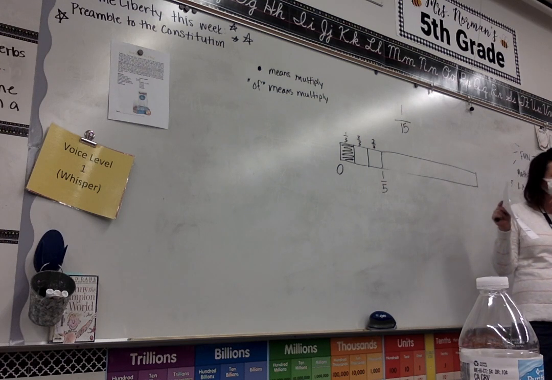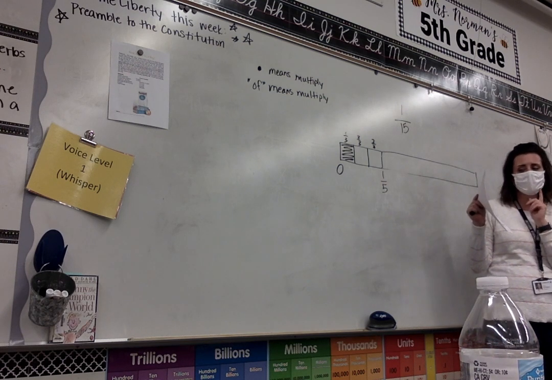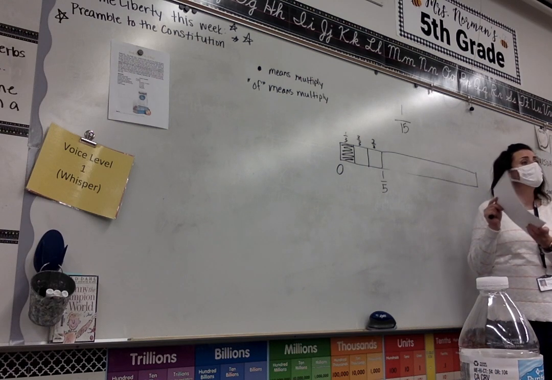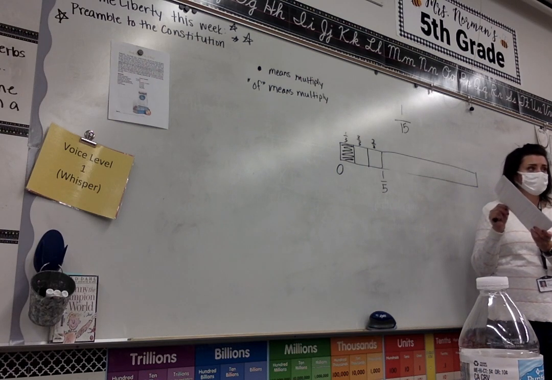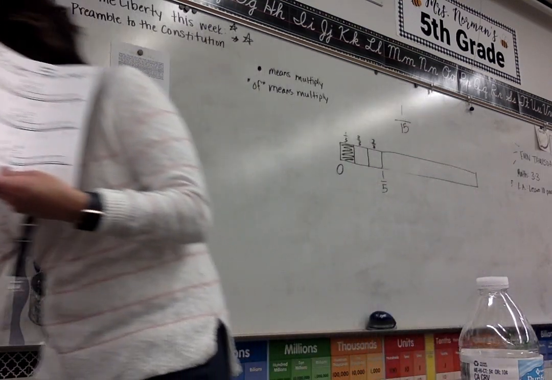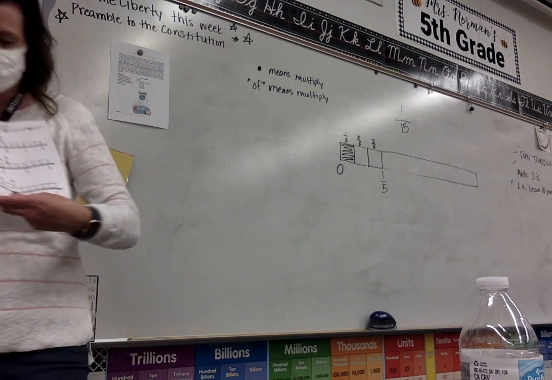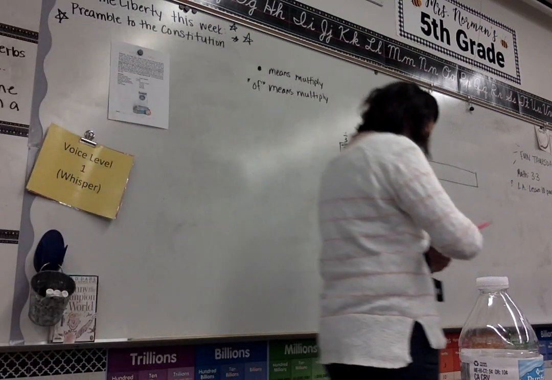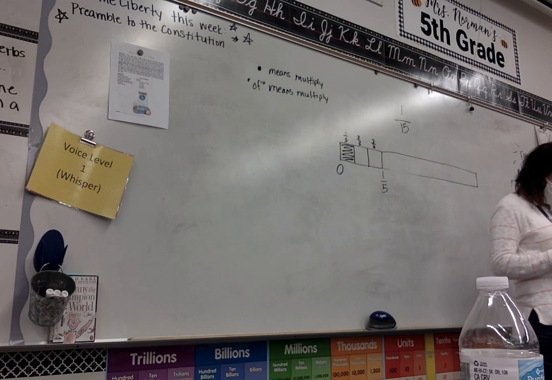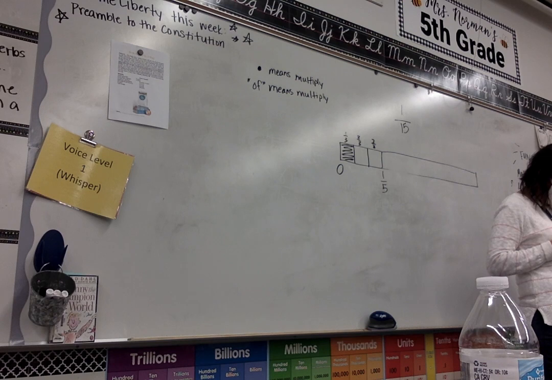Now, it says that we need to find 1/3 of 2/4. When I shade this in, I should have turned on my document camera, but I'll use a bright color so you can see. When I shade this in, I'm going to color in 1/3 of 1/4, so I'm going to color in this one right here.